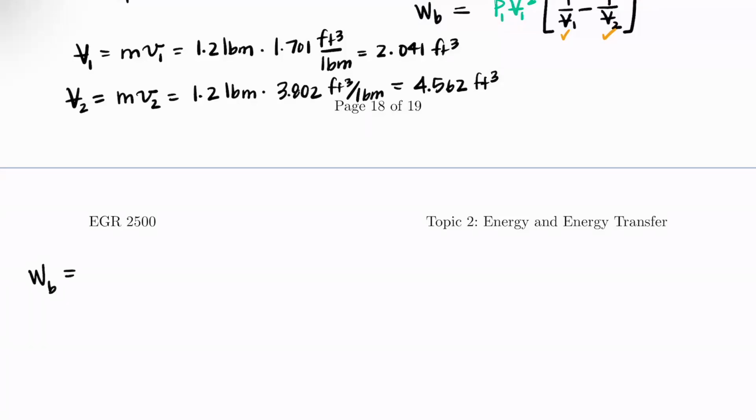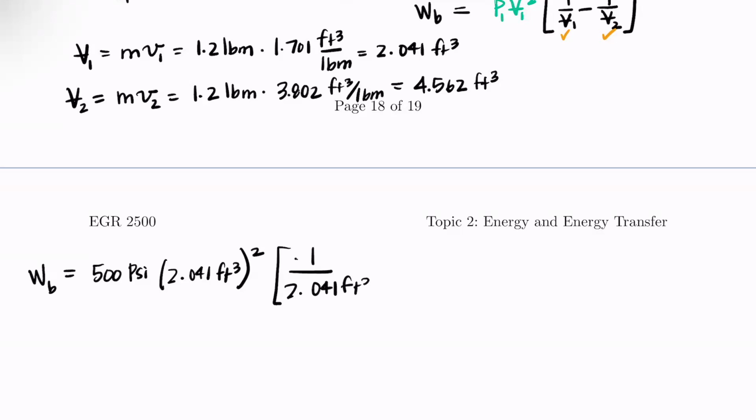Okay, so our P1 is 500 PSI and our V1 is 2.041 feet cubed, and we're going to square that times 1 over V1, which is 1 over 2.041 feet cubed minus 1 over 4.562 feet cubed.